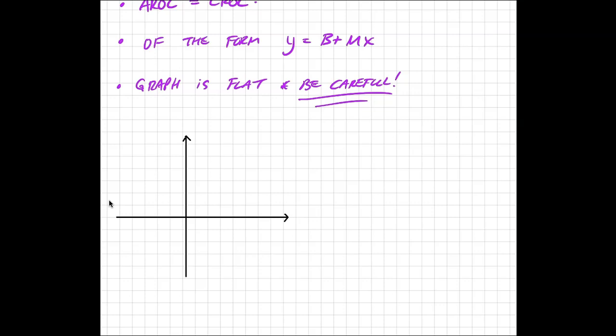I'll give you one example of how you could be fooled by a graph. Let's say I give you the graph of a non-linear function, so something like this, the parabola. And for some reason, let's say we zoom in on your calculator to maybe just this piece right here. We scoot this over, and this is your window now.